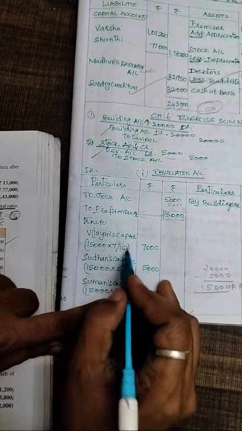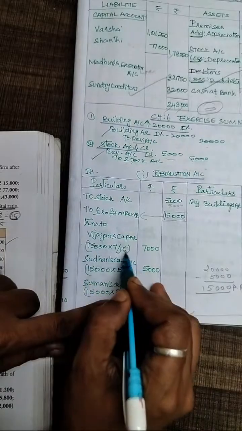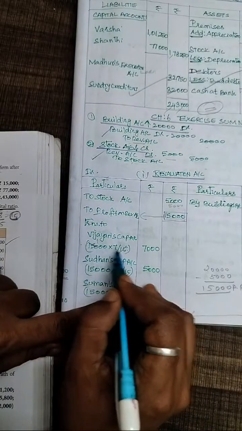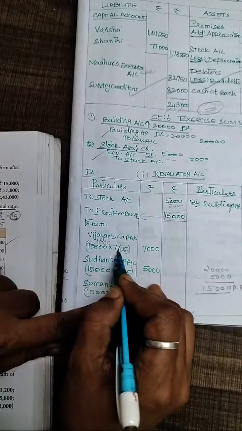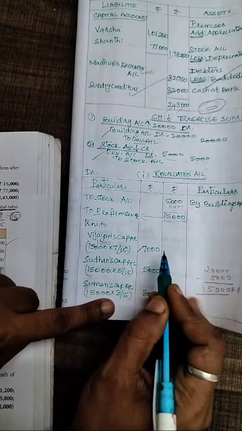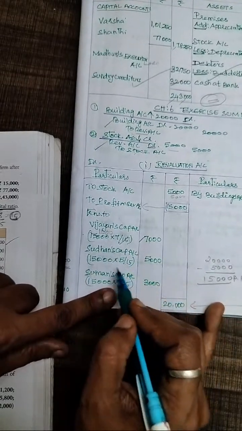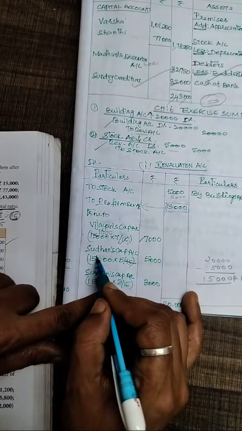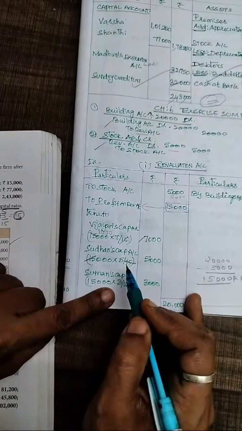Now we cancel it. Okay. So 15 one time cancelled, remaining 1, 3 zeros to be added. 7 into thousand is 7,000 rupees goes to Vijayan's capital account. And similarly, 15 cancelled one time.